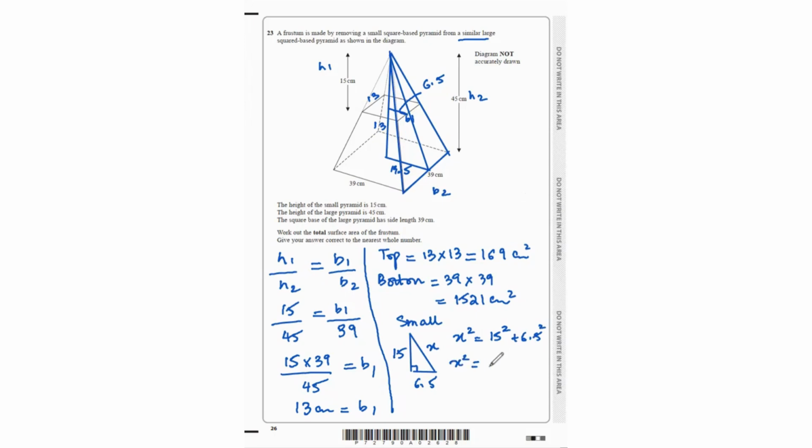So that's going to be 267.25. Square root both sides, 16.347 centimeters. That is the slant length of the small triangle, from the small pyramid. Now we use Pythagoras again to figure out the slant length of the large triangle.